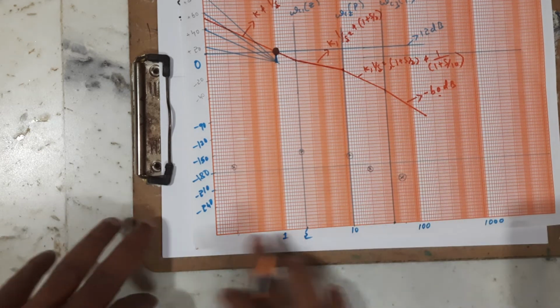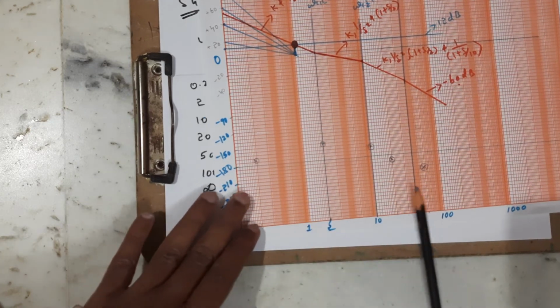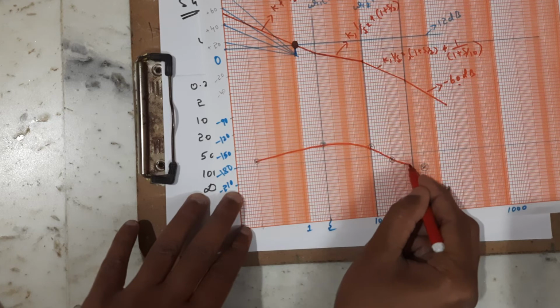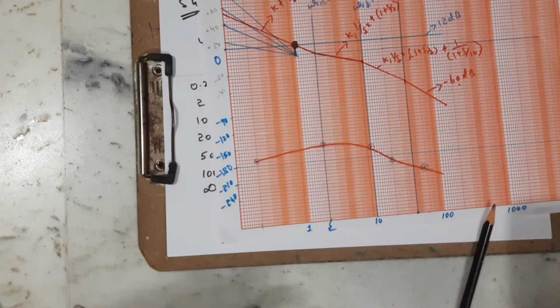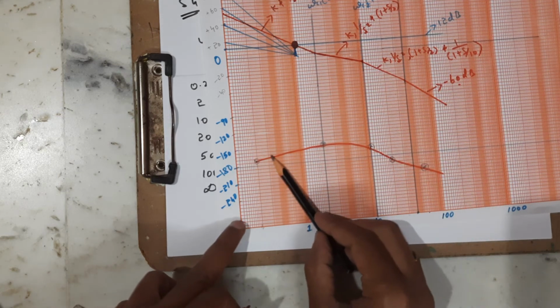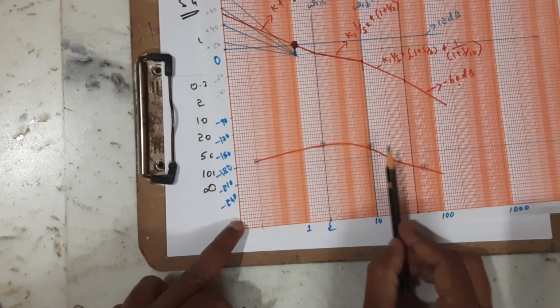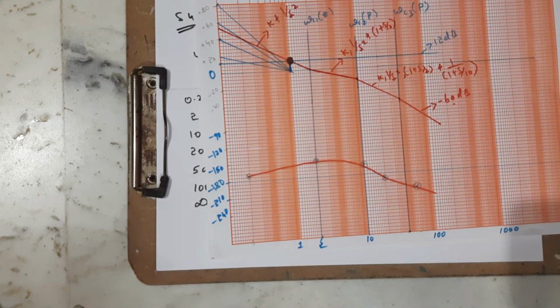So this is the graph I am going to get. After this I am going to join these points with a smooth curve. The very important factor is that the phase angle plot we need to draw should cross minus 180. So this is how I mark the phase angle plot.